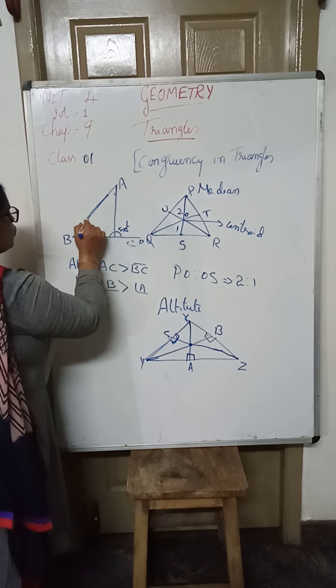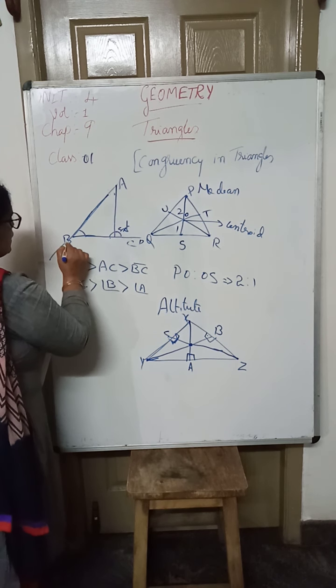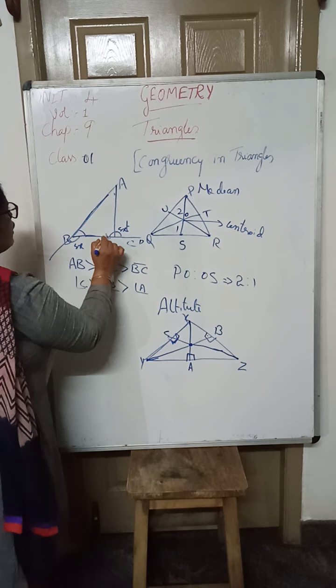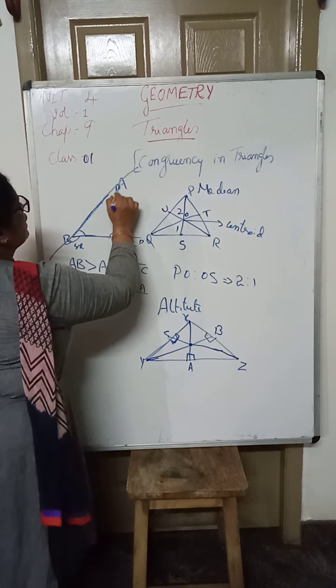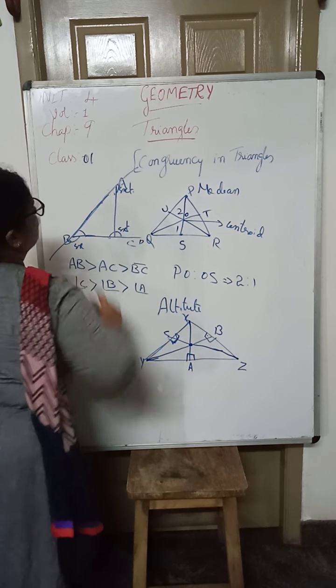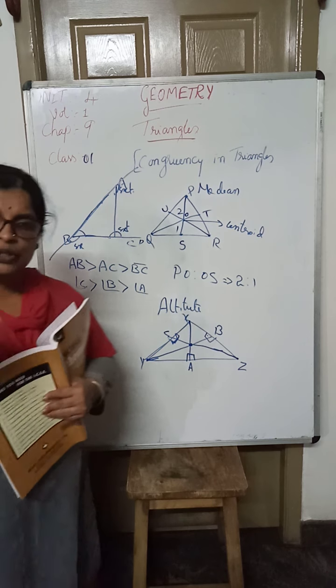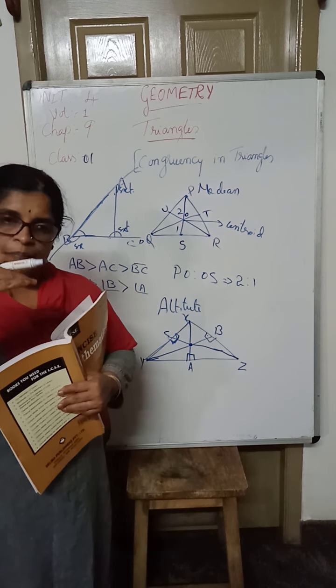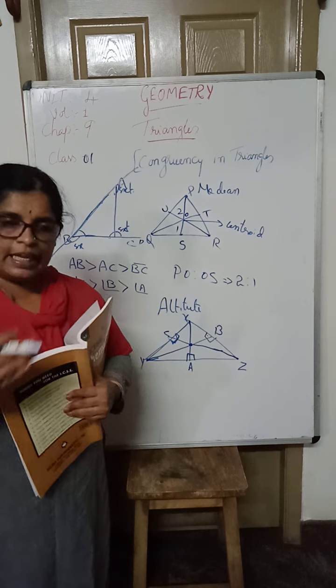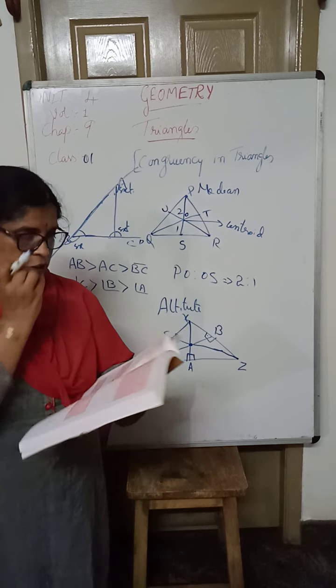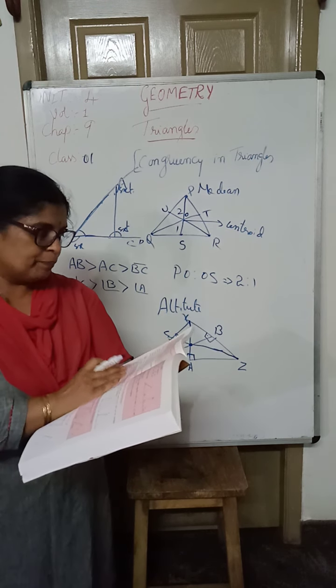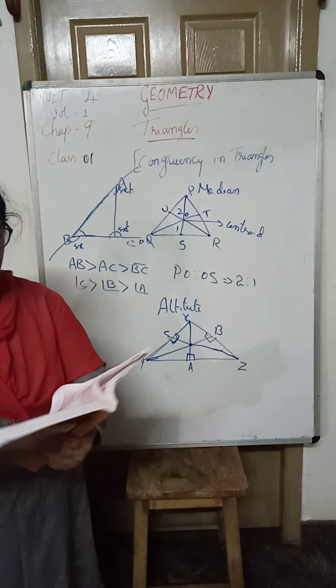If I go through with AB, this is an exterior angle, and this is also an exterior angle. When any line is produced outside the triangle, the angle formed is said to be an exterior angle. Now let us move on to congruent triangles.